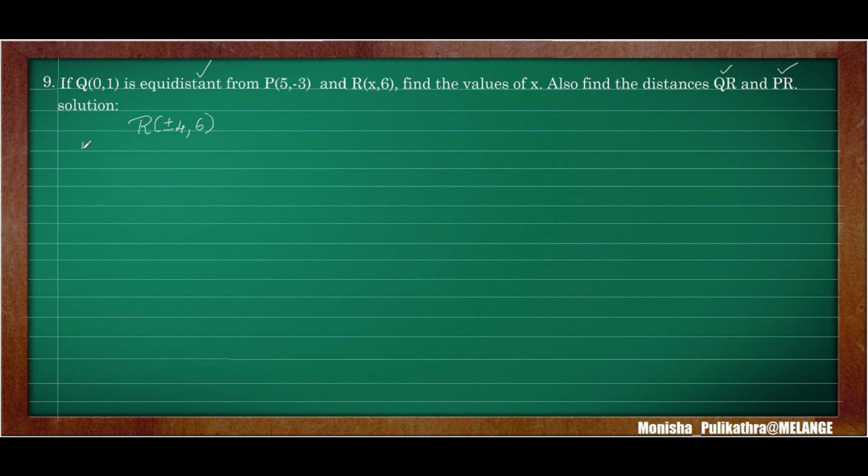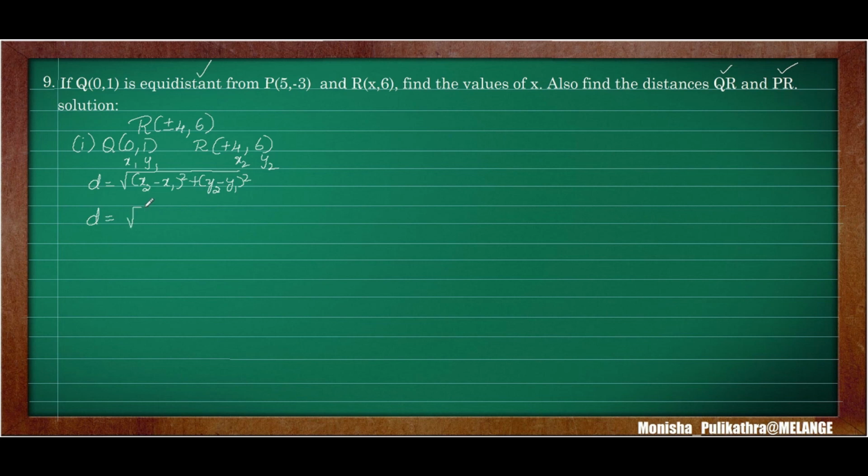So we need to find QR first. Here Q is (0, 1) and R, in the first case, we have to take plus 4, because x is plus or minus 4. So this is x1, y1 and this is x2, y2. By applying the distance formula, d is equal to the square root of (x2 minus x1) whole square plus (y2 minus y1) whole square.